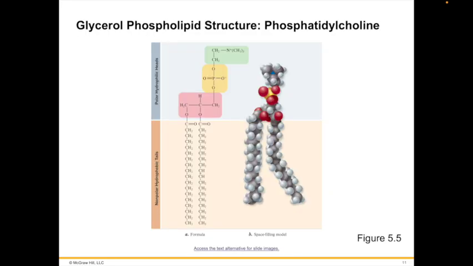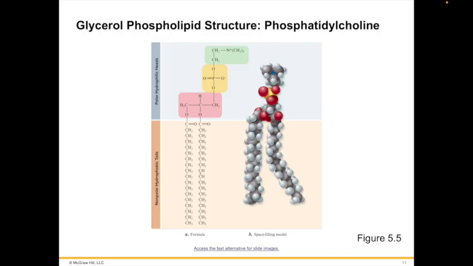So here you have phosphatidylcholine. Phospholipids spontaneously form bilayers because of their amphipathic structure. The polar head groups are hydrophilic, whereas the nonpolar hydrocarbon tails are hydrophobic.